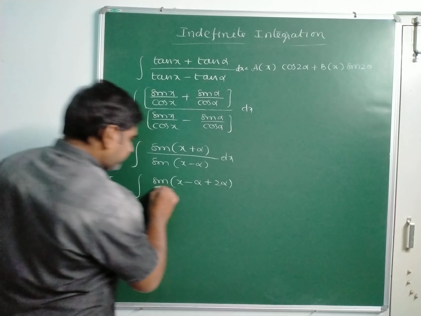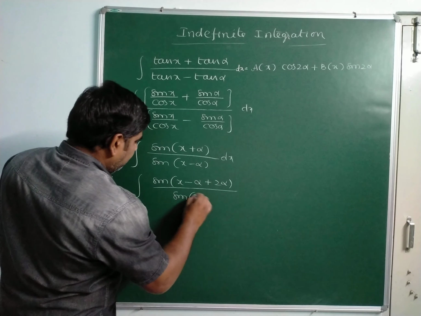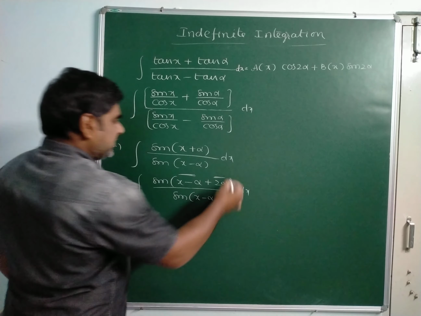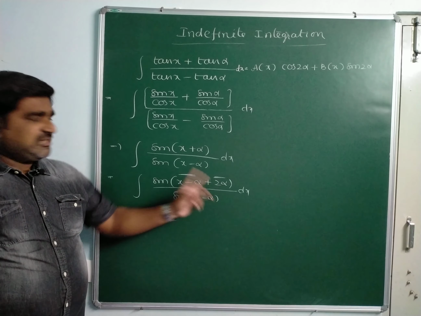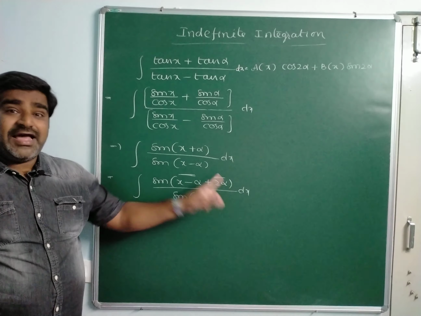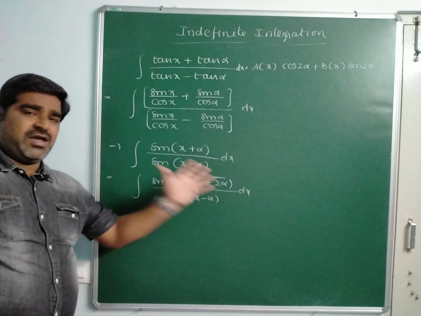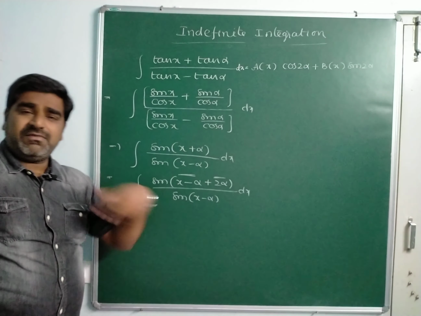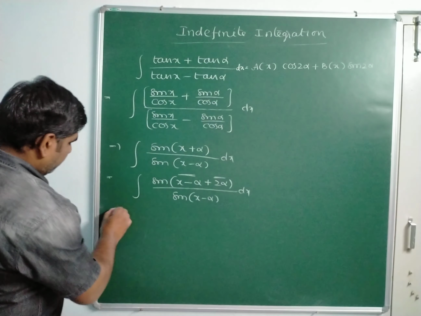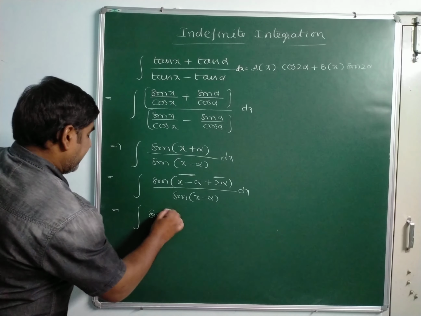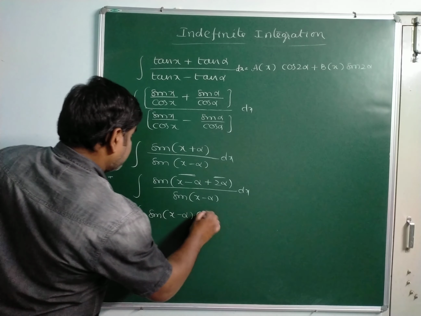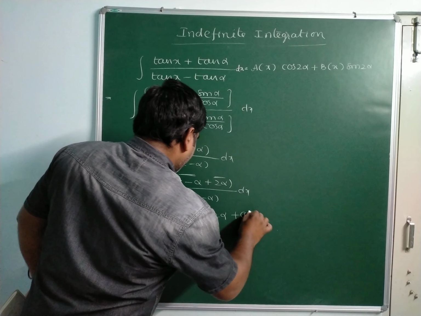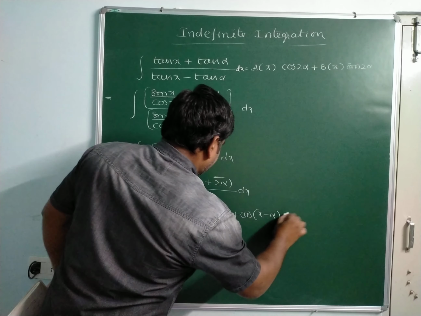Whole by sin of x minus alpha, dx. So let us say x minus alpha as a and 2 alpha as b. Now just expand the formula: sin of a plus b is sin a cos b plus cos a sin b. So that is sin of x minus alpha into cos 2 alpha, that is sin a cos b, plus cos of x minus alpha into sin 2 alpha.